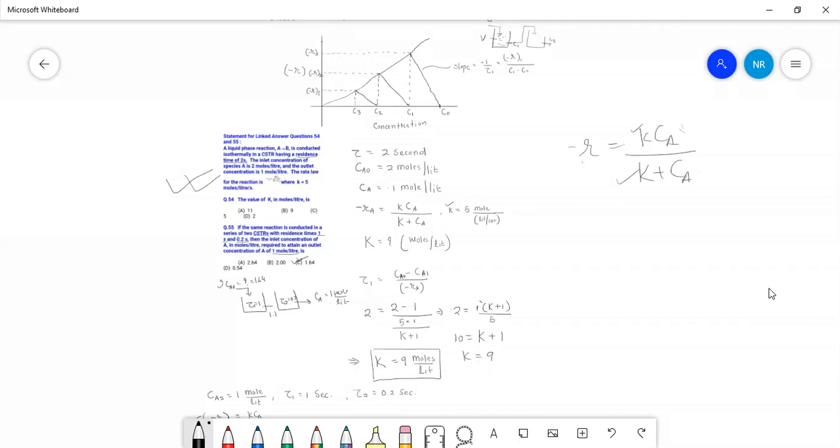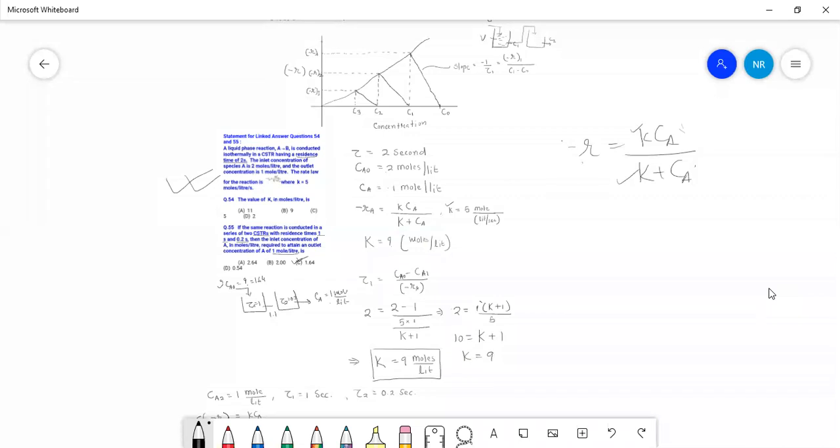Once we put down the value of CA, we find the rate, and we get this type of graph. We put CA0, take tau1, make the slope, and then we can calculate this. In this way we can also plot the graph, so graphically or using the equation, both ways we can find the answer.